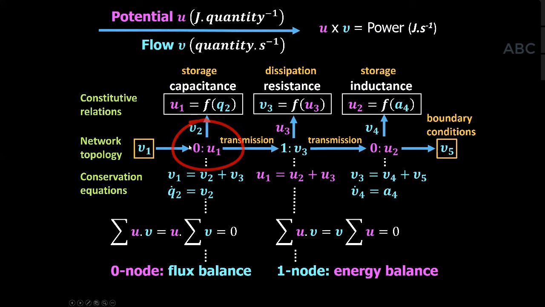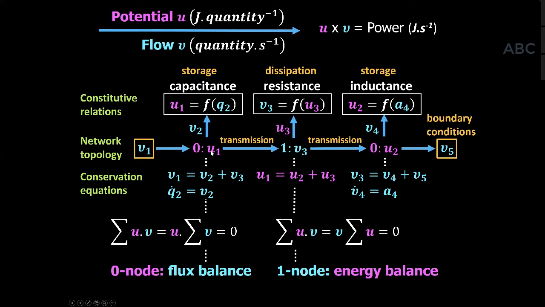It's part of the transmission process. So energy is the product of potential and flow, but in this case, all of these bonds have the same potential. So we can take the potential U outside the sum, in which case we're left with the fact that the sum of flows has to be zero because potential is common to all of them, the same value.